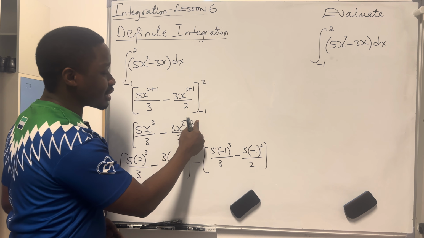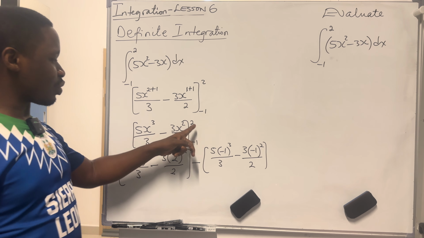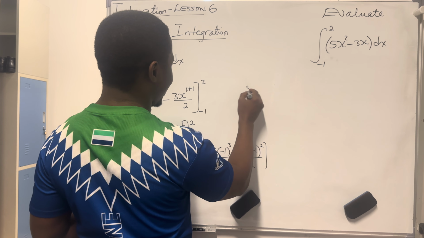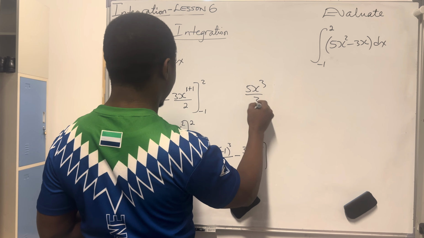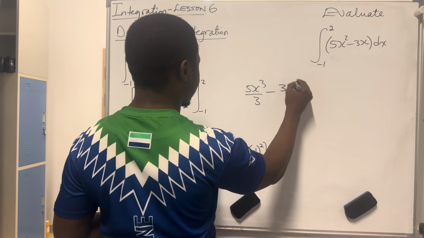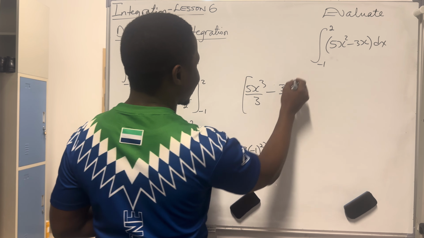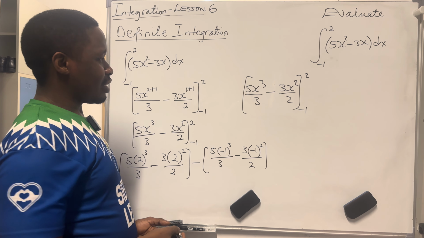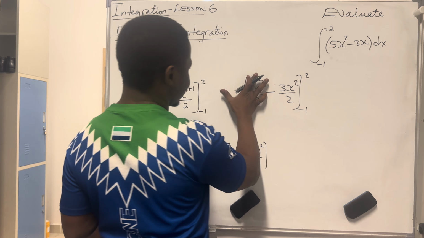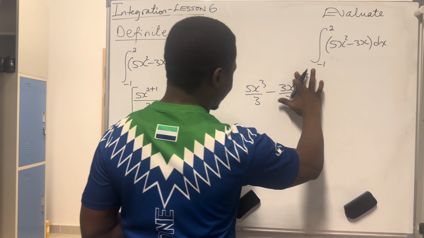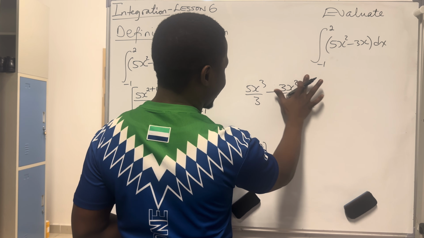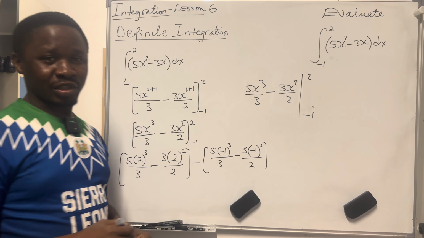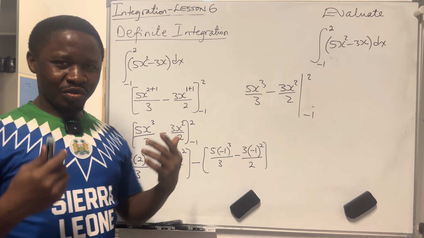This one is not serving as a power. It is serving as a limit. Sometimes we don't write it like this, with -1, 2. Sometimes we just write it like this, -1 to 2. Some authors do it this way. You are also correct.